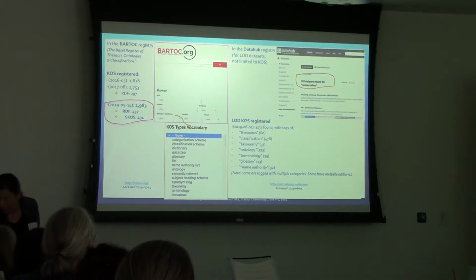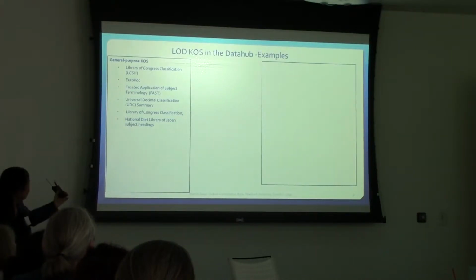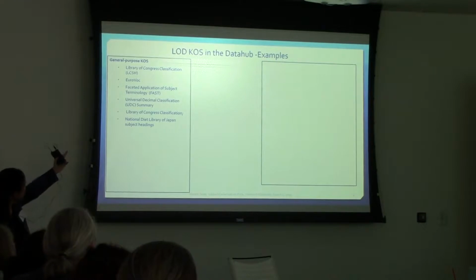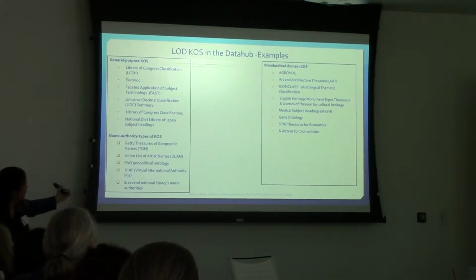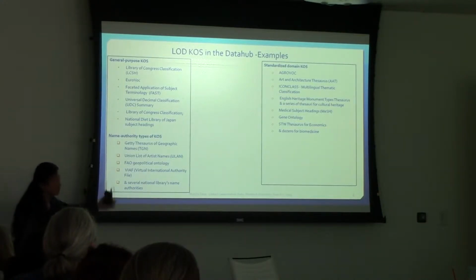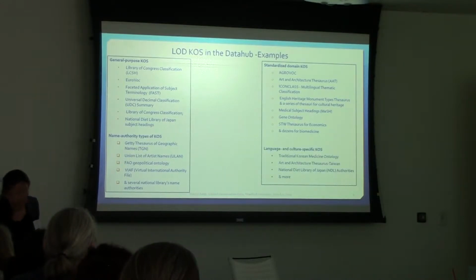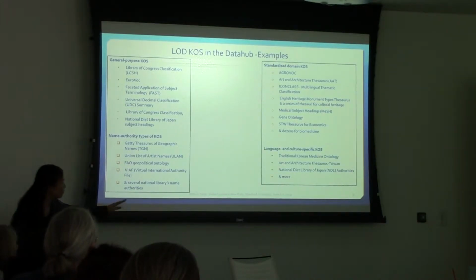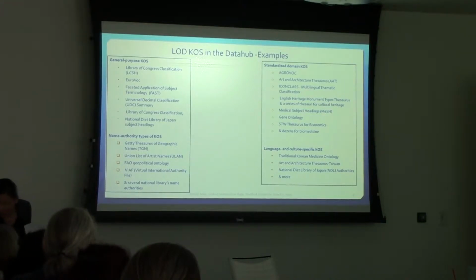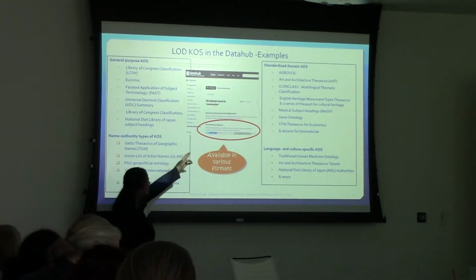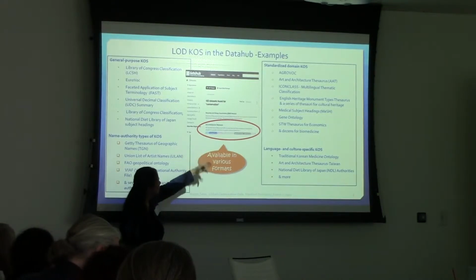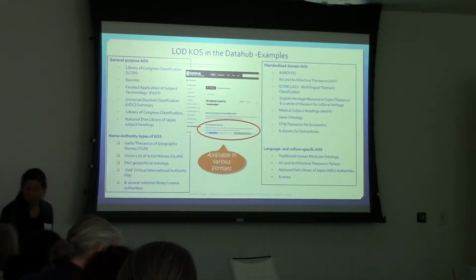It's the trend. Who has done that? We can see Library of Congress classification, Library of Congress subject headings, and then special kinds of vocabulary or name authorities, as well as cultural and language specific KOS. When they are available, they write down what formats you can download. For example, for the Getty vocabulary, AAT, you have many different ways to download it.